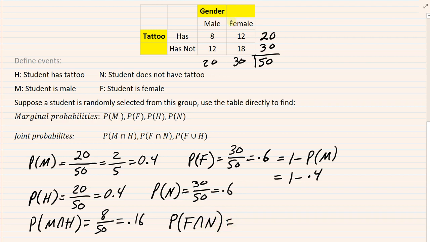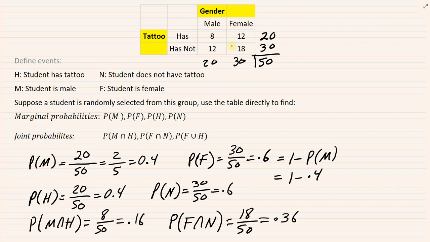So again, we look at the female group, those who do not have tattoos. There's 18 of them. 18 out of possible 50, and that's going to be 36% probability. So note how we're defining our own events and finding their probabilities. That's what we like to do in chapter 4, so far anyway.